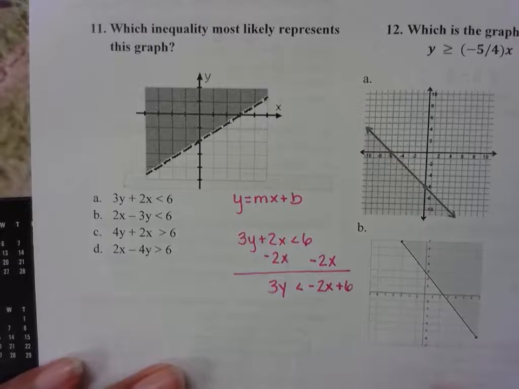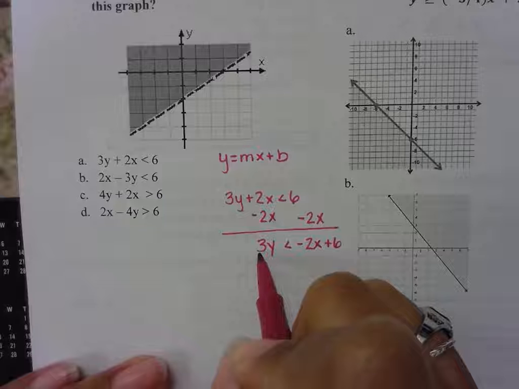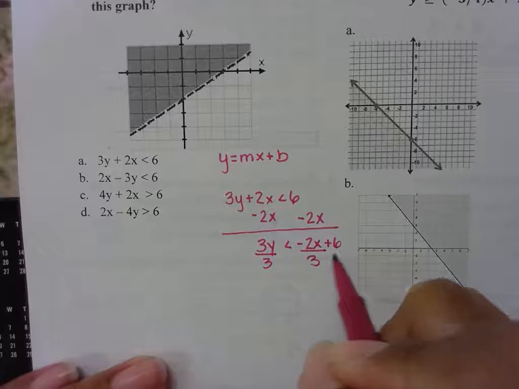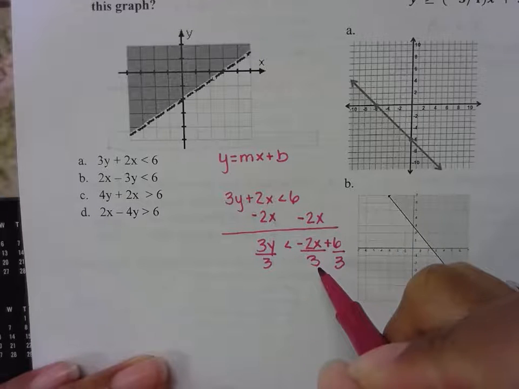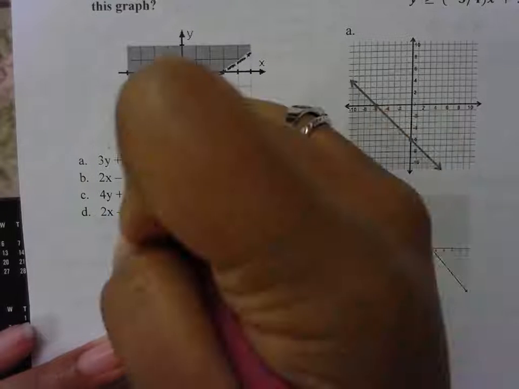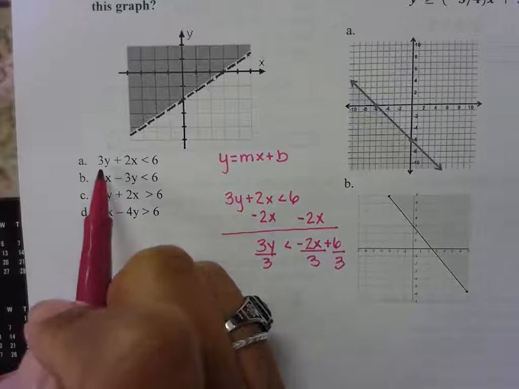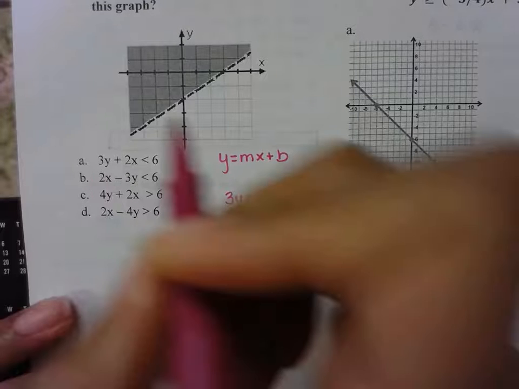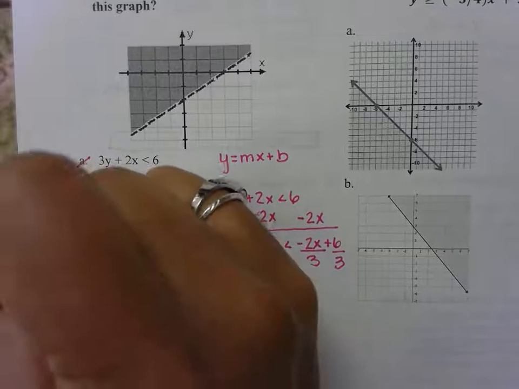Without going any further, I know I'm going to have to divide by 3. If I divide by 3, I see that my slope is going to be negative. This line is increasing, so my slope has to be positive. So I can get rid of A, and for the same reason, I can get rid of C.